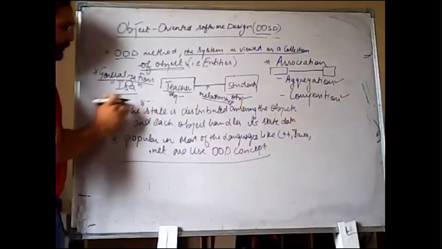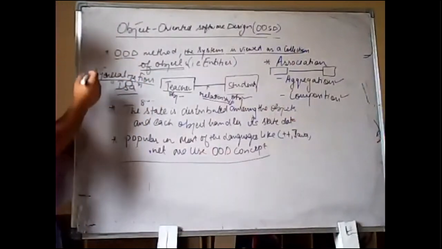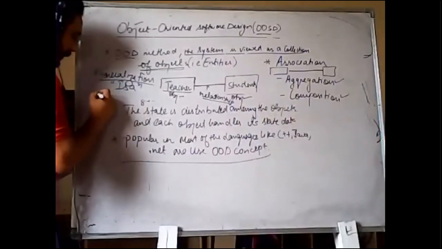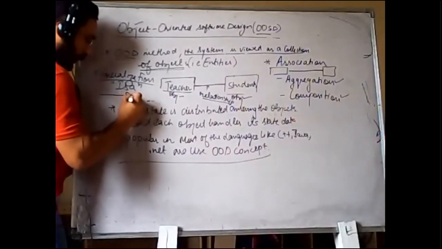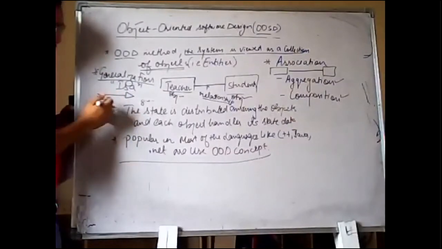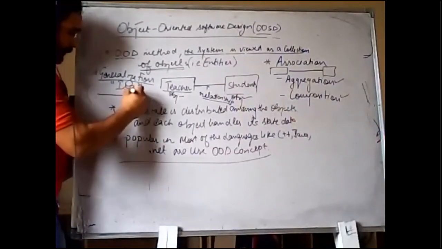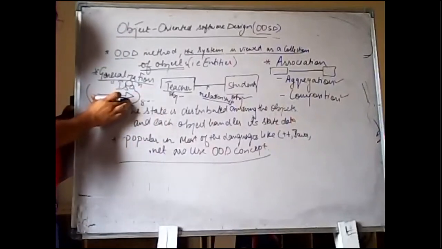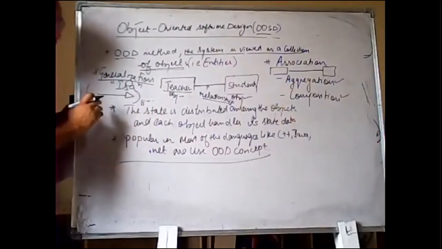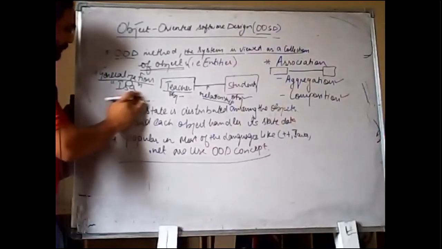In this we will use an arrow with a triangle at one end, this type of arrow. This is for generalization, and the arrow will point to the parent class, and further there is a child class. I will show you the diagram.